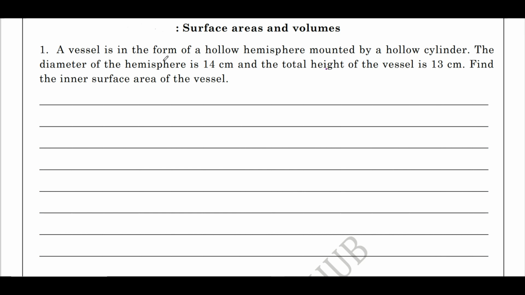Students, moving to the first question: a vessel is in the form of a hollow hemisphere mounted by a hollow cylinder.